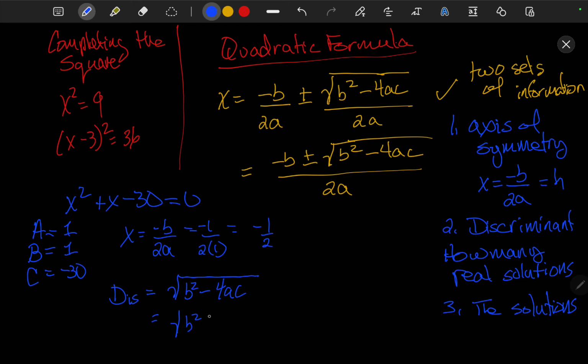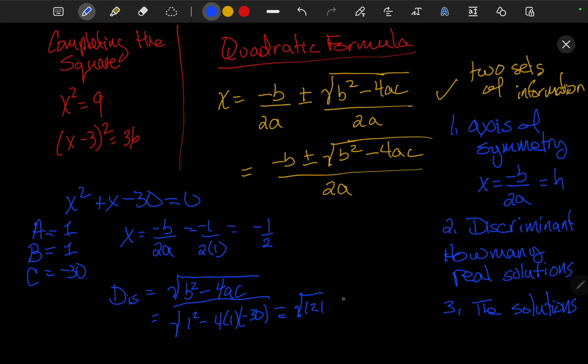It's actually going to give me 1 squared minus 4 times 1 times negative 30. And when I do that, a negative times a negative is a positive, so 1 plus 4 times 30, which is 120. And so I have 121. The square root of 121.